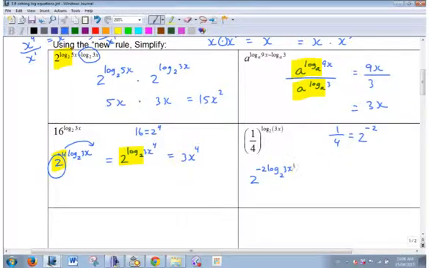So make sure you have them. And then, I don't want this here. I'm going to put it over there as an exponent. Okay, that's -2. That's fine. And then that is just this thing.